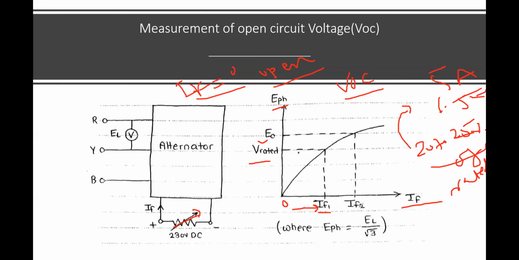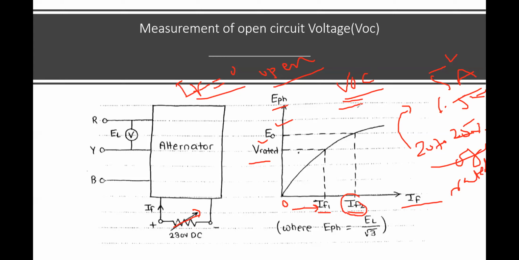It means I slowly increase the field current by 20 to 25% of the rated current. Let's consider 5 ampere is the rated current. Take 20% of the 5 ampere and add that current. After increasing by 20 to 25%, I get IF2. At IF2 I get the rated voltage, that is the open circuit voltage. So in this way I can calculate VOC.